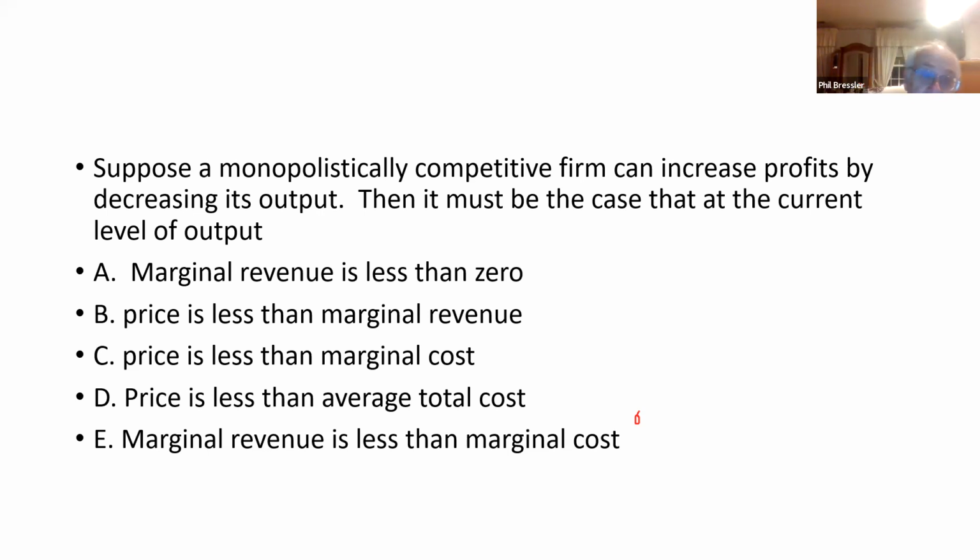If we're decreasing output, that means marginal cost is greater than marginal revenue, or E, marginal revenue is less than marginal cost. One way or the other, there'll be a question like this where you have to know that you're going to either decrease output or increase output. And that's based on you increase if marginal revenue is greater, you decrease if marginal cost is greater. Any questions on that one?